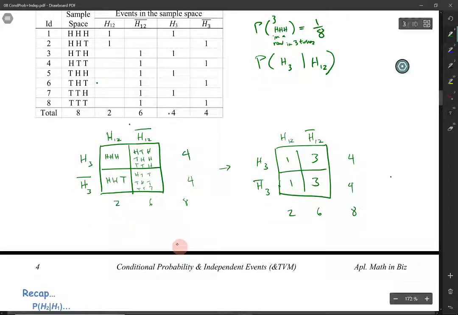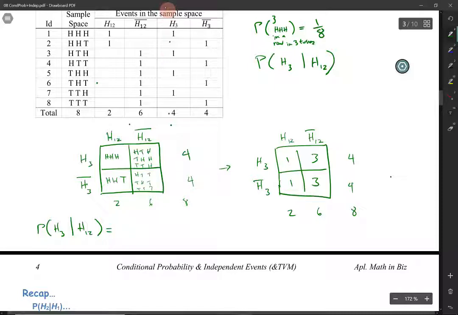Okay, so probability of H3 given H12, right? Probability of H3, right, I think is 4 out of 8.